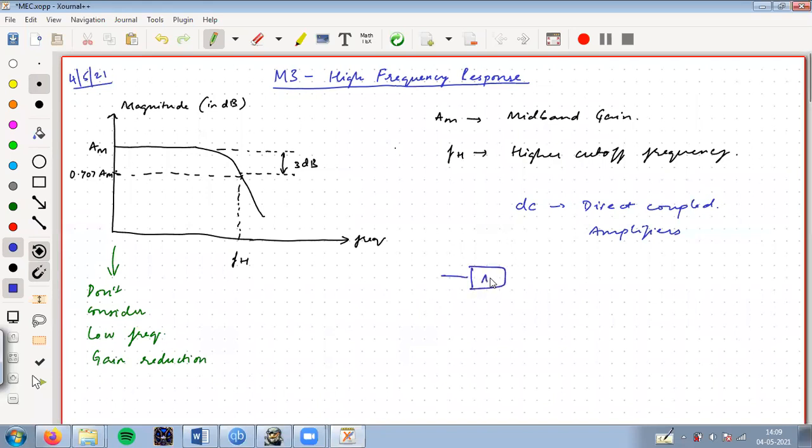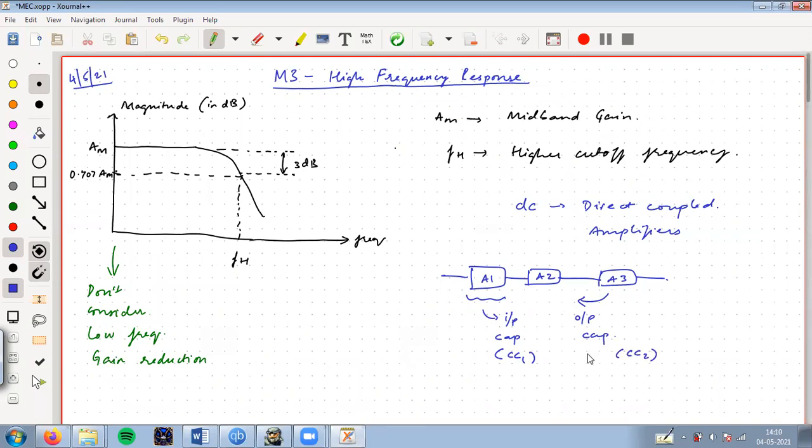We use cascading blocks like this: A1, A2, A3. So this A1 will provide input capacitance to A2. This A3 will provide output capacitance to A2. So this is CC1, this is CC2.